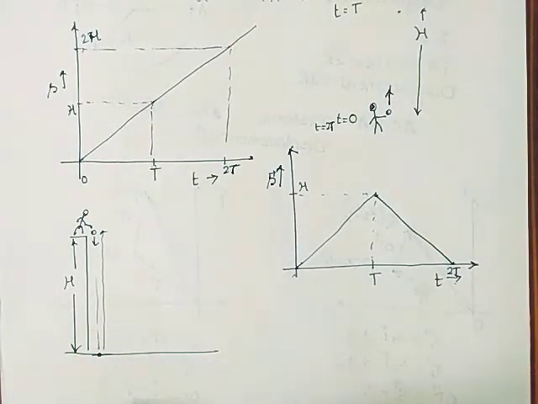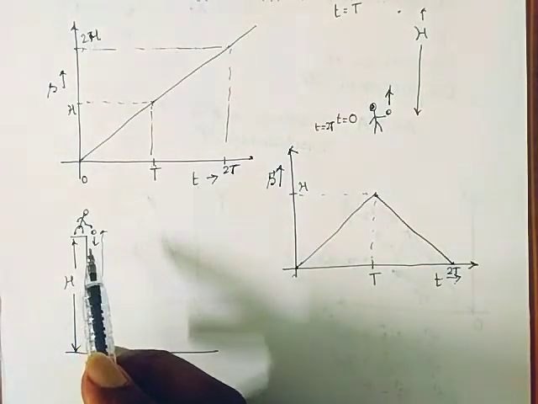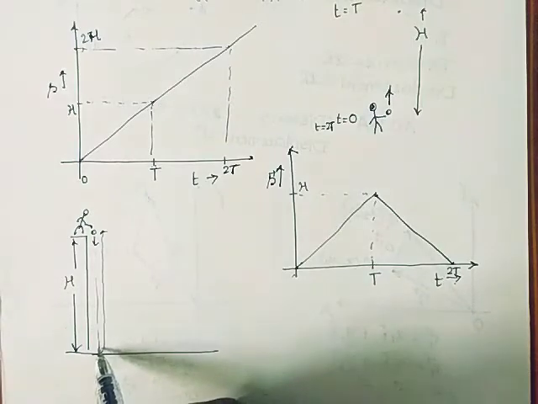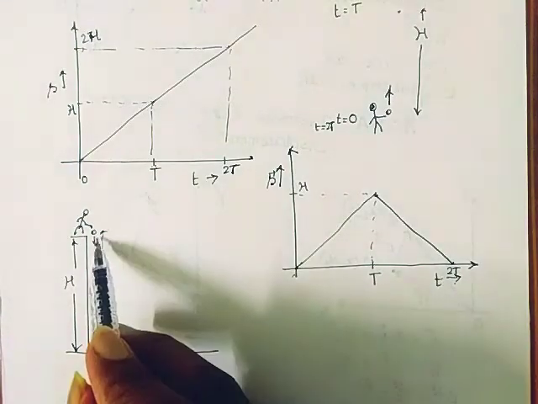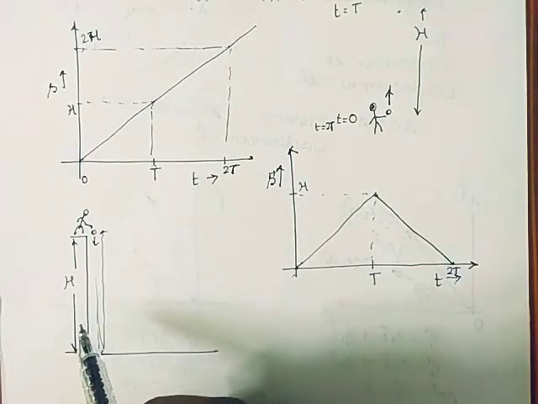Now if I want to draw this, then obviously the distance is h in the time of coming downward, again h in the time of coming upward, so the total distance is 2h.